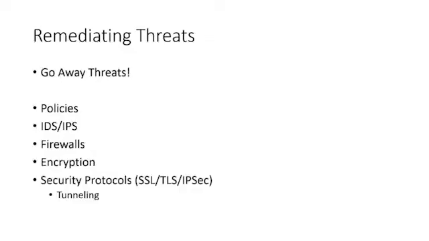So remediating these threats: go away threats, we don't want you here. We need to get rid of you. At least that's the idea. Well, policies. We could put policies in place to help remediate threats, right? We want something called defense in depth. They're trying to get to the data, and we put different layers, like layers in an onion, protecting our data.